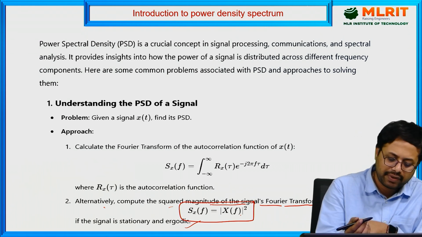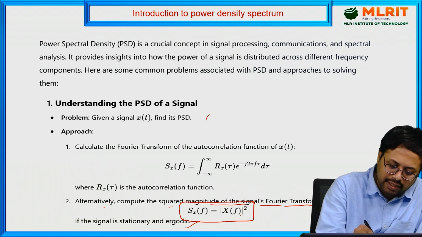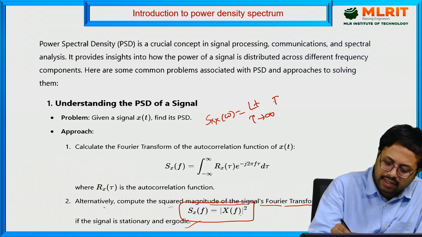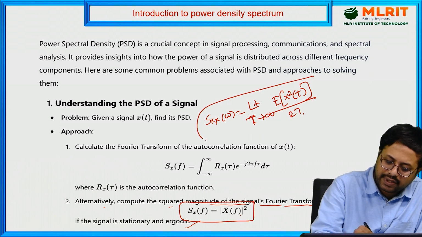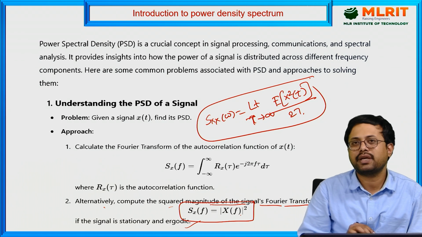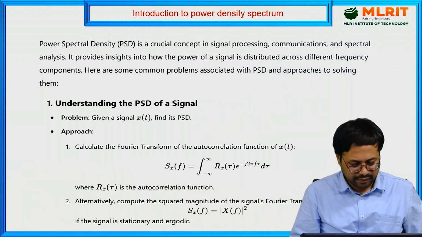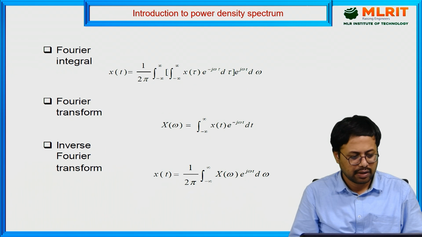And one more definition: S xx of omega is equal to the time average of the expectation of x square of t. This is the second form of the definition.